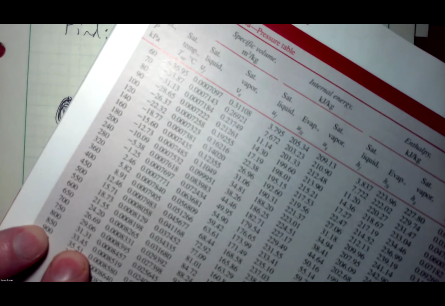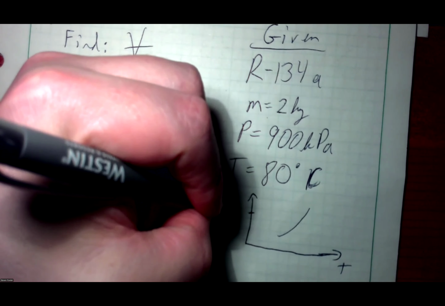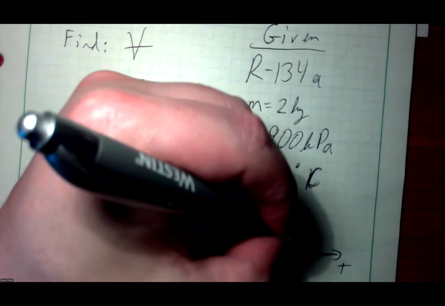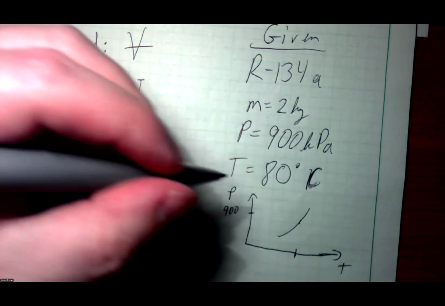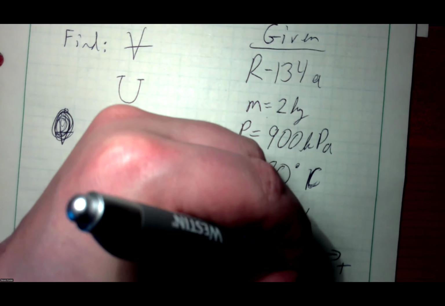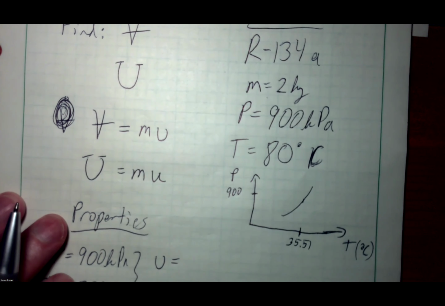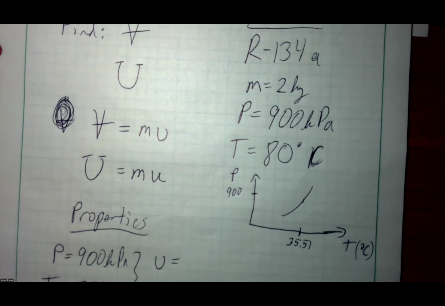So at 900 kilopascals, the saturated temperature is 35.51. That's what I'm going to record here, right? So at 900 kilopascals, my saturated temperature is 35.51, and that's going to be degrees C. I'm just going to write that one time there. Okay. Notice where I'm at.